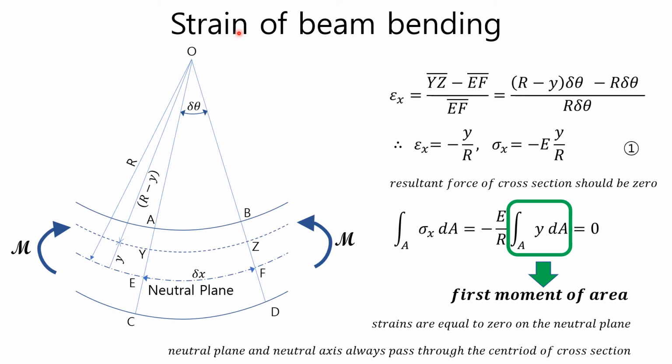Let's calculate the strain in the beam bending. YZ locates a distance y away from the neutral plane. Length EF is R multiplied by delta theta, which doesn't change during the deformation because EF is the length on the neutral plane, and the length YZ is R minus y multiplied by delta theta.